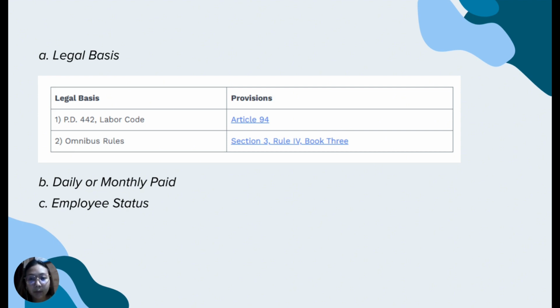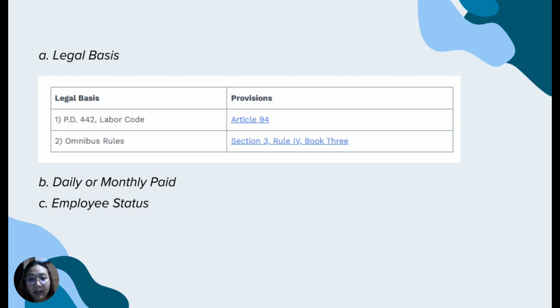Letter A: Every worker shall be paid his regular daily wage during regular holidays, except in retail and service establishments employing less than 10 workers. Letter B: The employer may require an employee to work on any holiday, but such employee shall be paid a compensation equivalent to twice his regular rate.